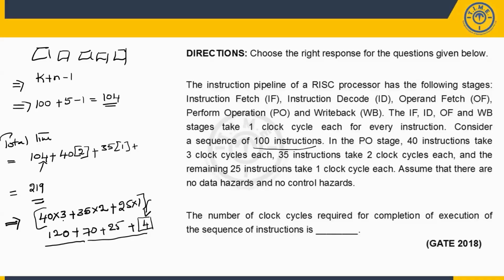Initially, 40 instructions take 3 clock cycles, 35 instructions take 2 clock cycles, 25 take 1 clock cycle. Plus 4 will be the non-execution time, since for the first 4 clock cycles there will be no execution. So to avoid that, we initially calculate k plus n minus 1 plus additional clock cycles. This is the simplest way to solve it. Yes, sir. Okay.